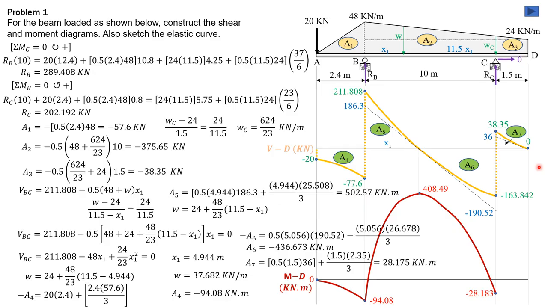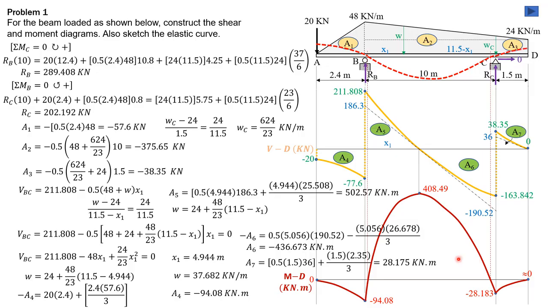Area 7 is 0.5 of 1.5 times 36 plus 1/3 of 1.5 times 2.35, where 2.35 is 38.35 minus 36. So its area is 28.175, or rounded off to 2 decimal places, 28.18. This is negative 28.18 plus 28.18, so that makes it 0. There is a very small discrepancy here, so we just make it 0. It is positive decreasing, so positive decreasing slope would be like that, just like this. So 0. That's the moment diagram by parts.